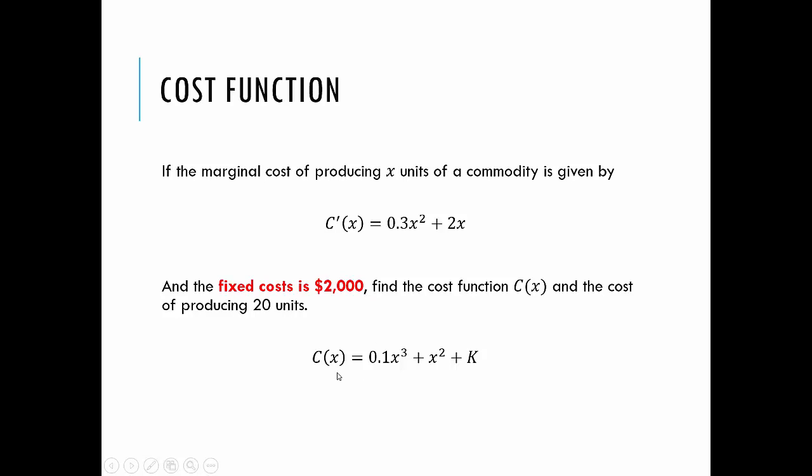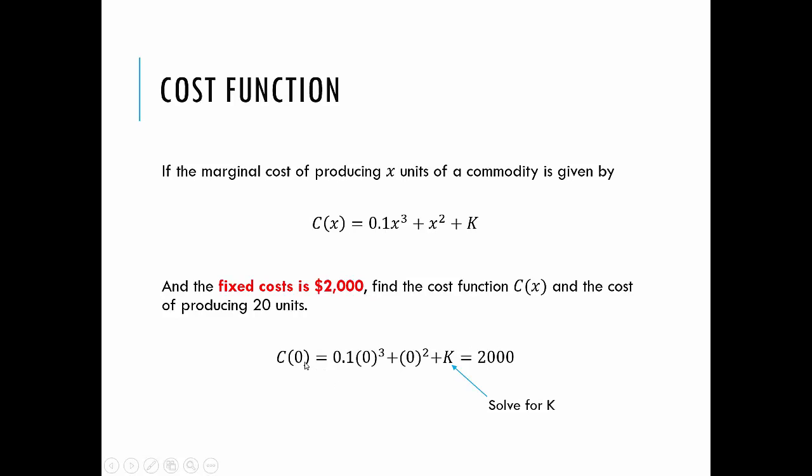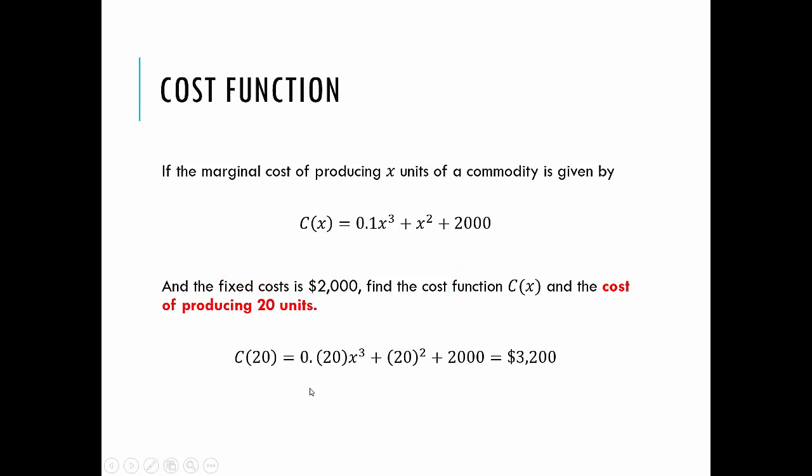Well, fixed cost is when you don't do anything, when your number of units is 0. And so I can see solving for my constant, I'm going to get 2,000. And so I simply plug in 2,000 and that gives me my cost function. Now it says, find the cost of producing 20 units. Well, I have my cost function, so I just simply plug in 20.